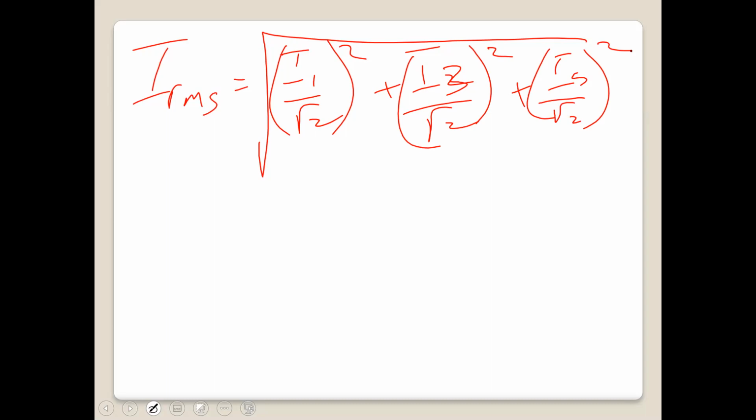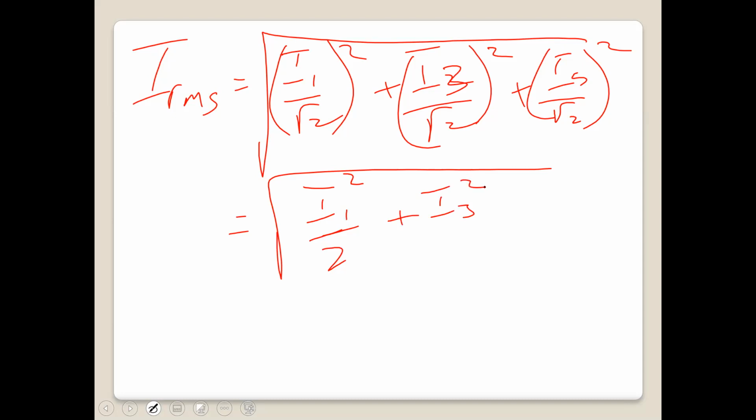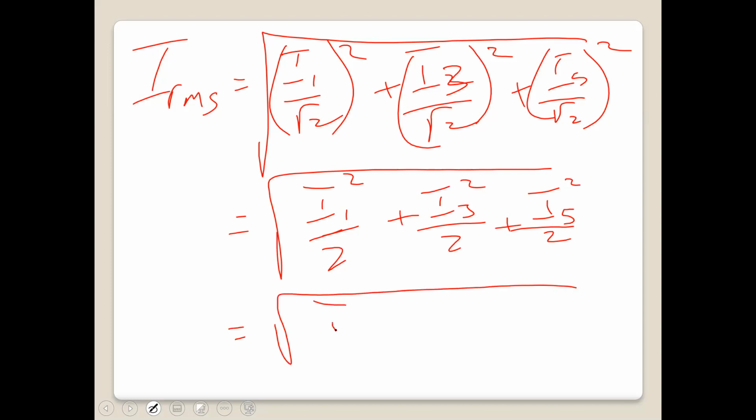So I could rewrite this as I1 squared over 2 plus I3 squared over 2 plus I5 squared over 2, which is the same as I1 squared plus I3 squared plus I5 squared, all over 2.